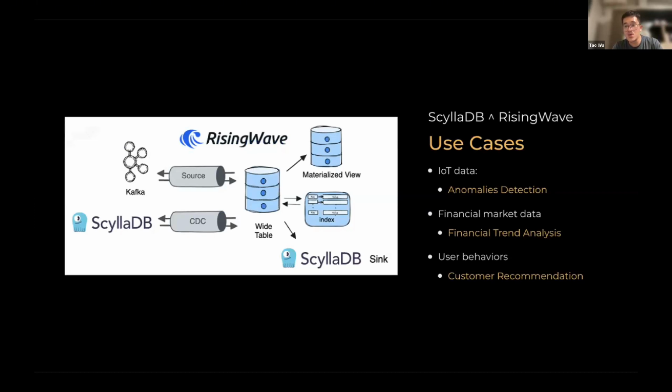In IoT scenarios, manufacturing companies can efficiently optimize the production pipelines and detect anomalies in real time. Financial institutes can conduct financial trend analysis on incoming market data, and businesses can adjust their offerings and recommendations based on real-time user behaviors.